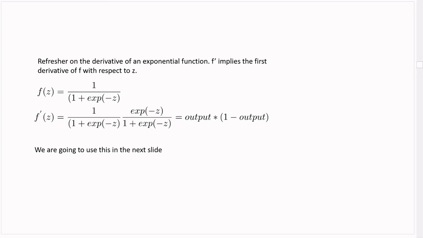And then f prime z is nothing but the partial derivative of function f with respect to z. And if you apply basic calculus and do a little bit of manipulation, you will find that f dash z is really nothing but output times 1 minus output. So that's a nice way of remembering how the derivative of the sigmoidal function looks like.